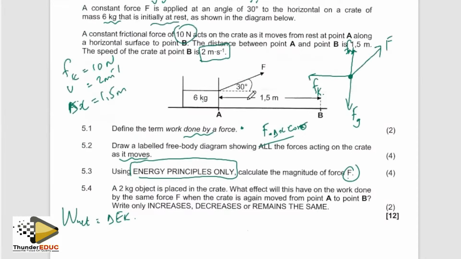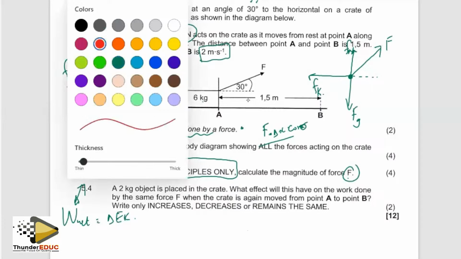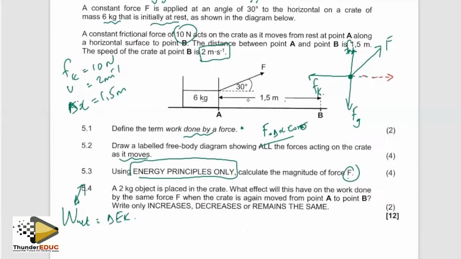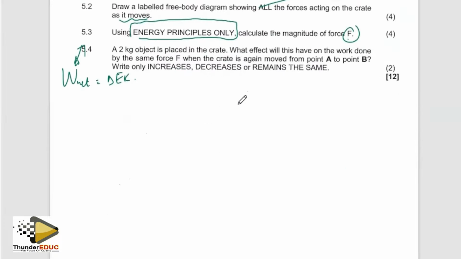When I look at the net work done, it's going to be the work done by the horizontal component of F, since the object is moving horizontally, which is F cos 30. And then I have to subtract the work done by the frictional force. In that way, I should be able to get what they're asking for.